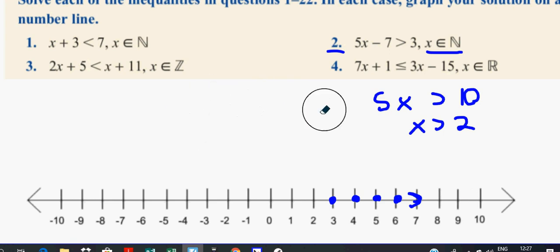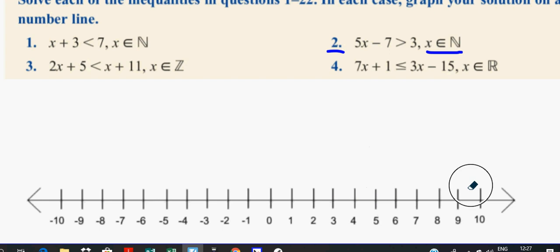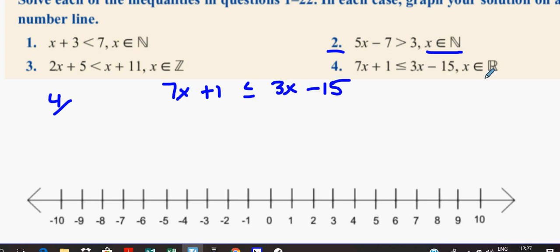Now let's try another one out. Look at question 4. 7x plus 1 less than or equal to 3x minus 15. X element R. Fractions and decimals are allowed. Negative numbers allowed. Bring the 3x over to the 7x and it becomes 7x minus 3x.